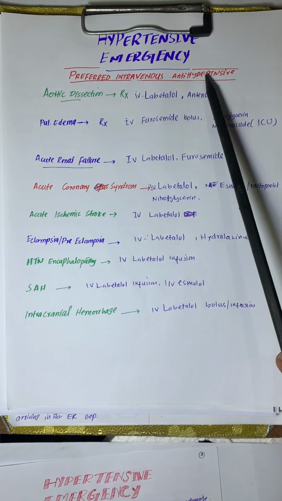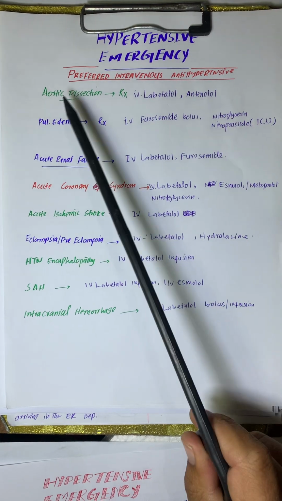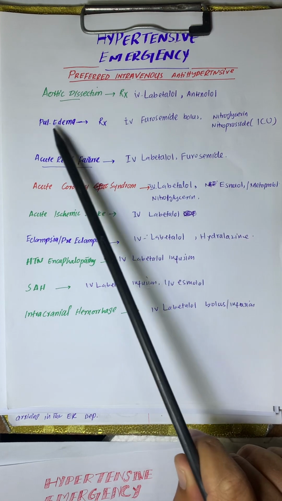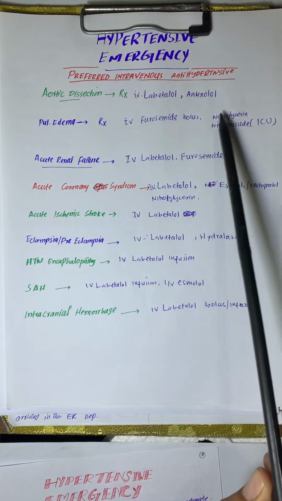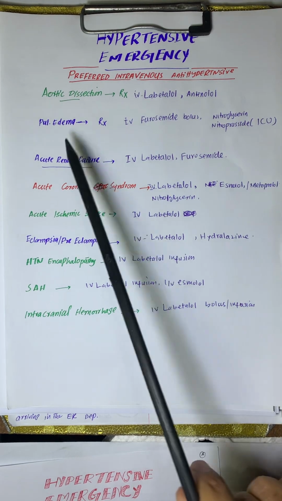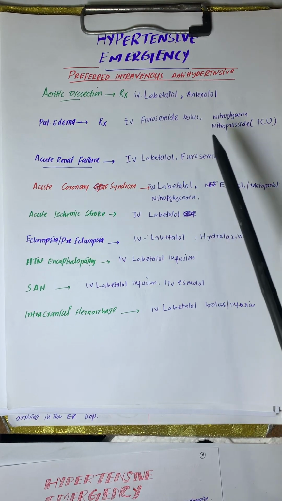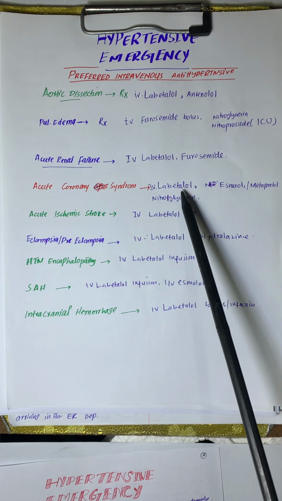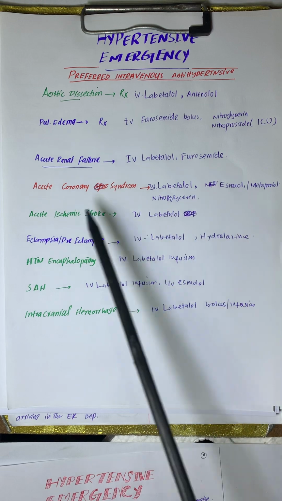Prepare intravenous antihypertensives in hypertensive emergency. Aortic dissection: IV labetalol or atenolol. Pulmonary edema: IV furosemide bolus, nitroglycerin or nitroprusside given in ICU. Acute renal failure: IV labetalol, furosemide. Acute coronary syndrome: IV labetalol, esmolol or metoprolol or nitroglycerin.